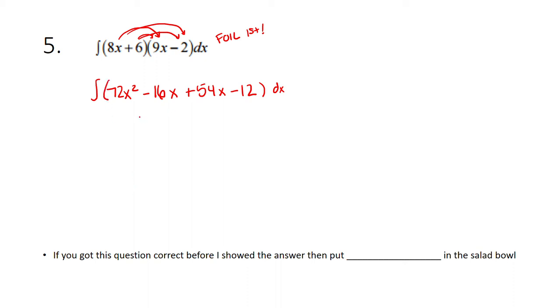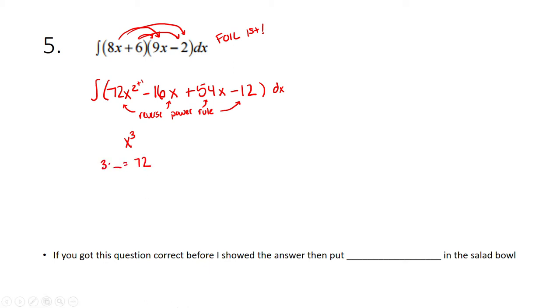We're going to do the reverse power rule for each term. And we're going to start with this one. So if I add 1 to x squared, I get x to the third. Now I think 3 times what is 72?